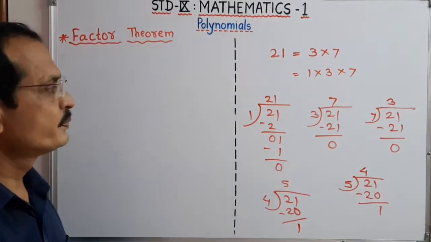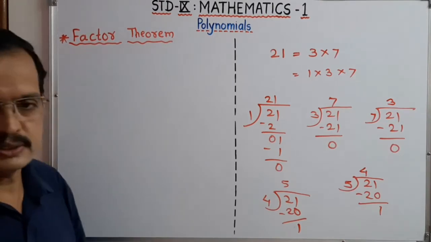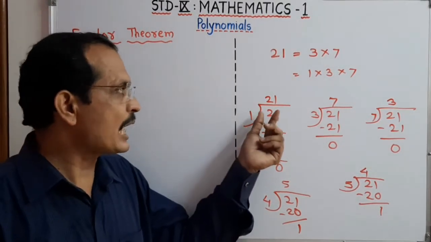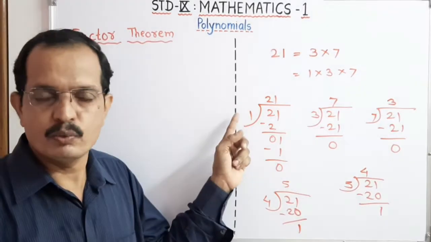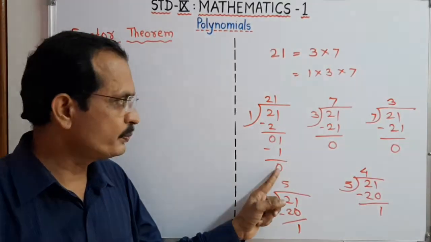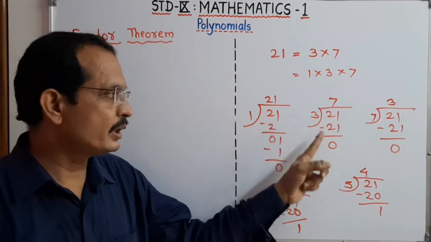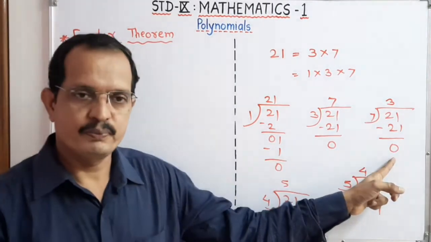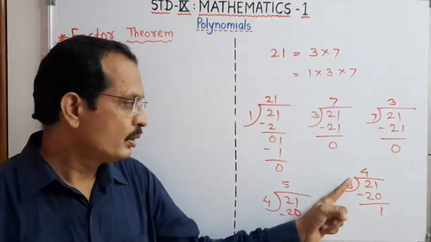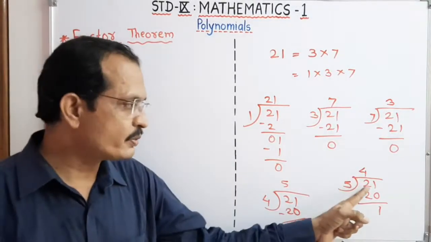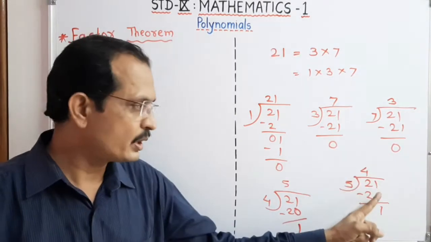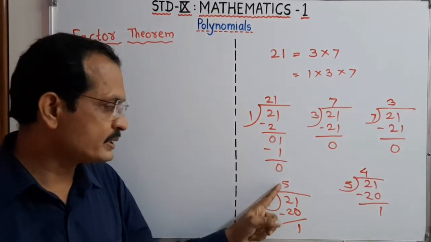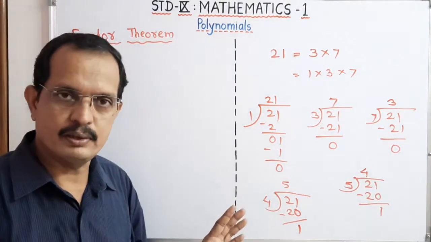Dear student, by observing this, you can understand. Suppose I divide this 21 by 1, the remainder is 0. 21 by 3, the remainder is 0. 21 by 7, the remainder is 0. And if I divide this 21 by 5, 5 4s are 20 and 1 is the remainder. Here 4 5s are 20 and 1 is the remainder.